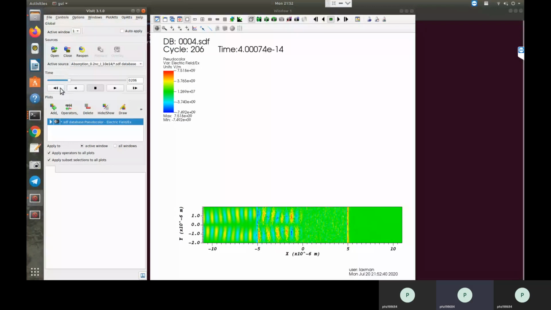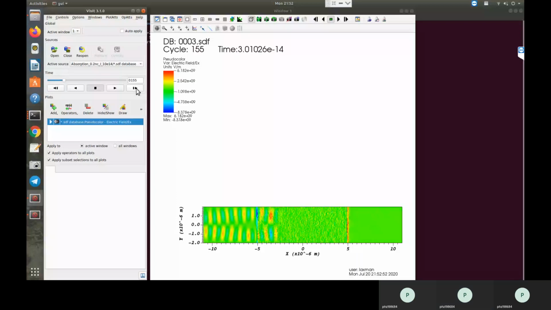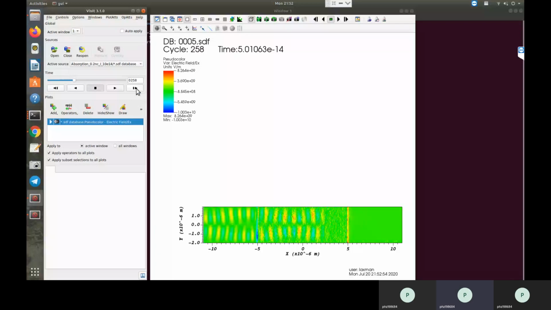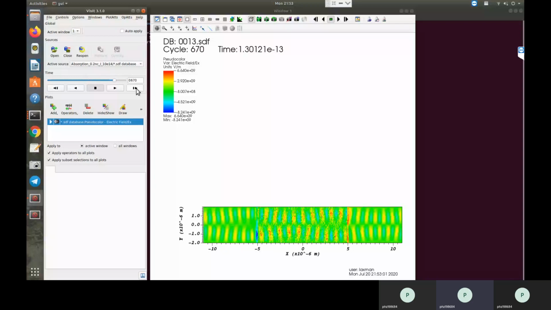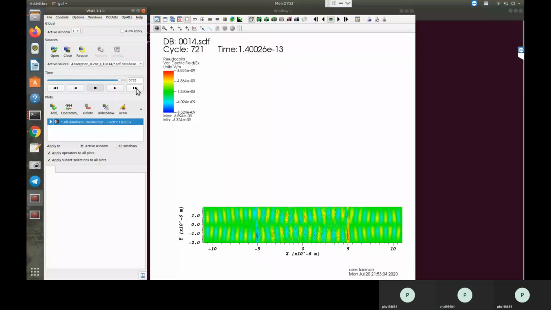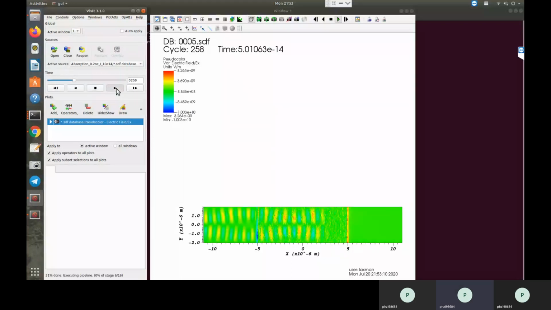At time t0 it is like this. Now it is moving. This is the overall electric field component. We can see it in movie form also, like this.